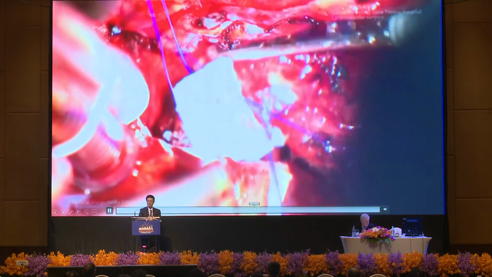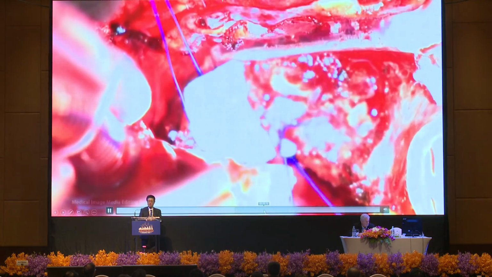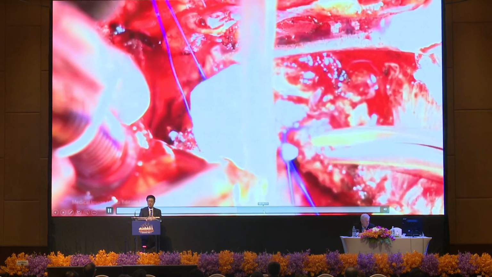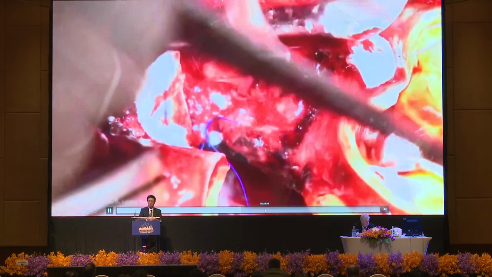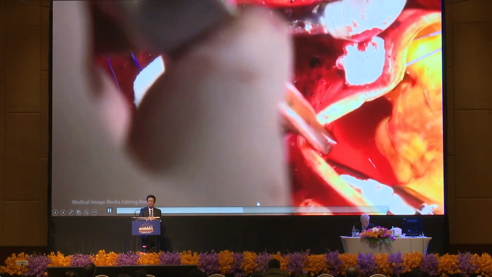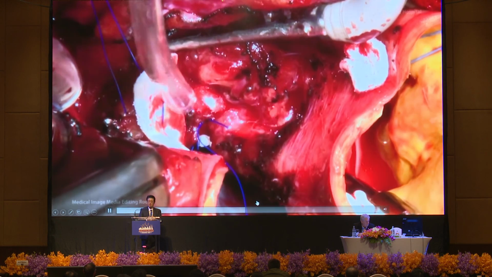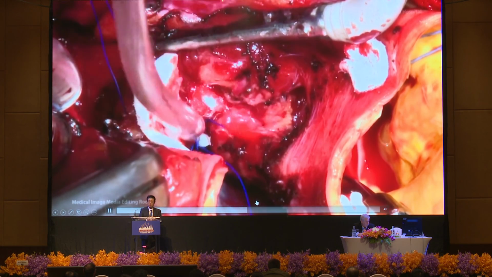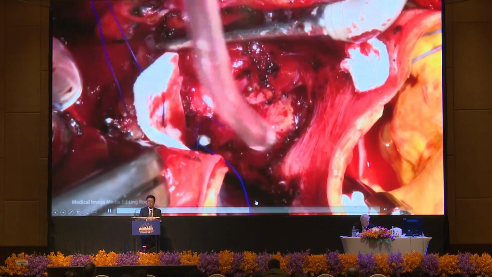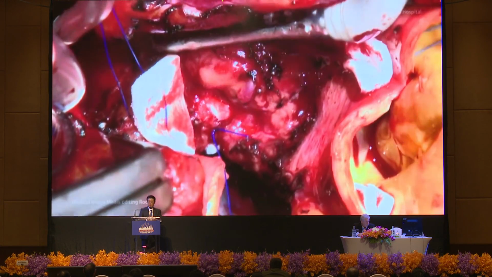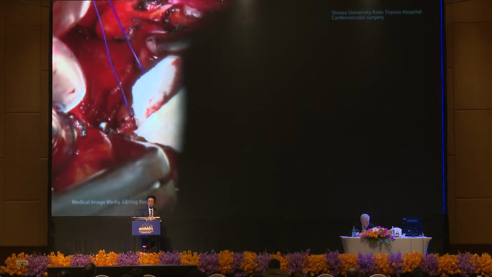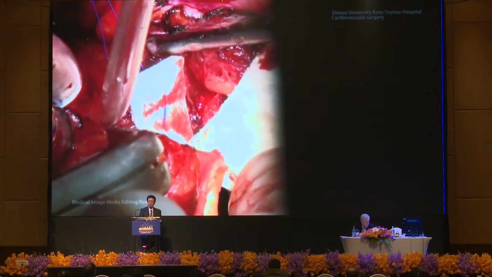So the left main stem was identified, but there is no way to look at the bleeding point. That's why I put large protective mattress sutures to close the hematoma. And after that, I gave antegrade cardioplegia to make sure there's no bleeding from the perforation point.